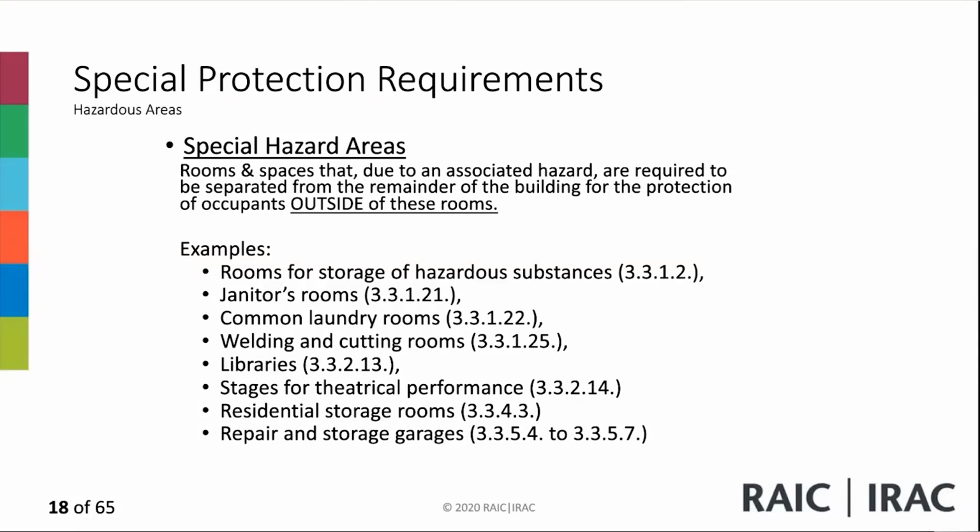The whole floor, including the janitor's room, is also sprinklered. So if the whole floor is protected with sprinklers, then I don't need the 1 hour rating. However, I still require the fire separation. And this is one example of a fire separation with no rating.